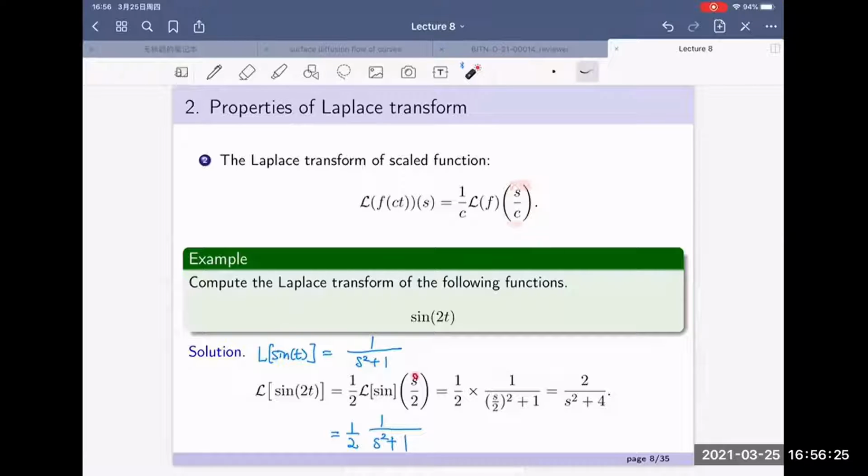Here c is 2, which means that you should replace s by s over 2. In the end, you get s squared plus 4 in the denominator. This is what it means.